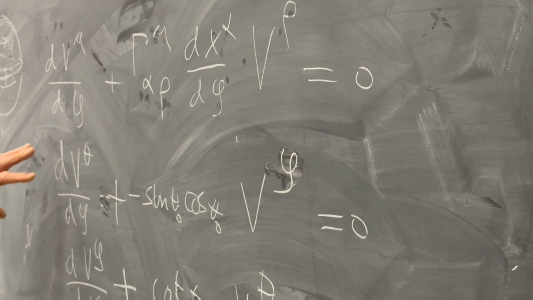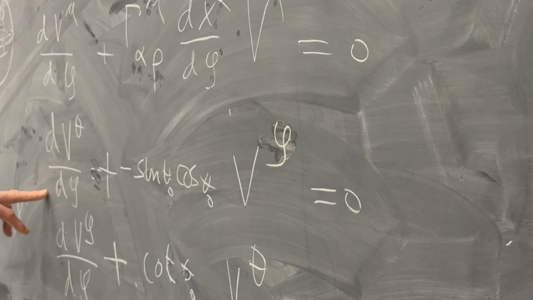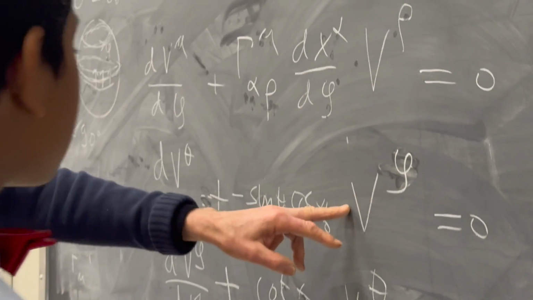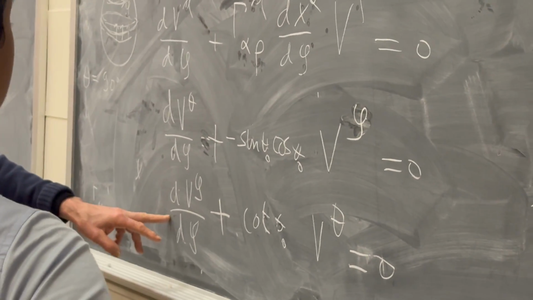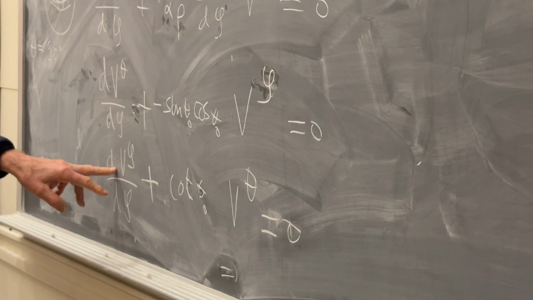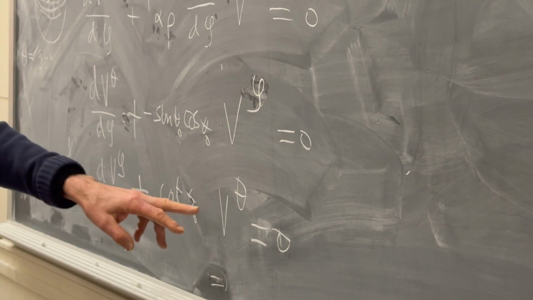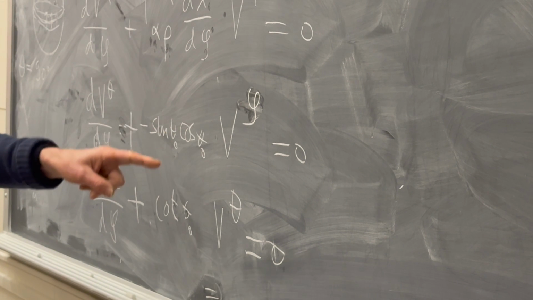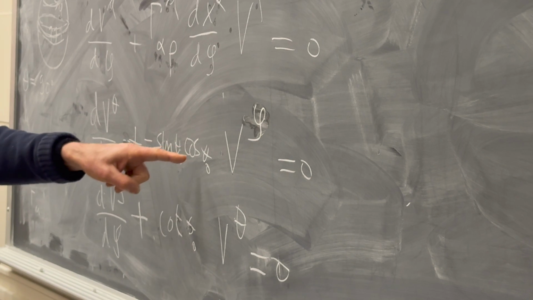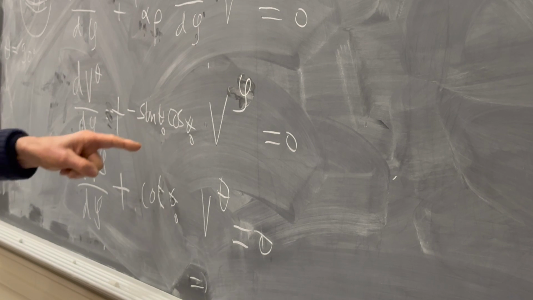So now we can differentiate the first one with respect to phi. Then we get the second derivative. This becomes a first derivative of v phi, but we know what that is. That is minus the cotangent of theta times v theta. You substitute that into here. So this becomes this times the cotangent, with a minus sign.